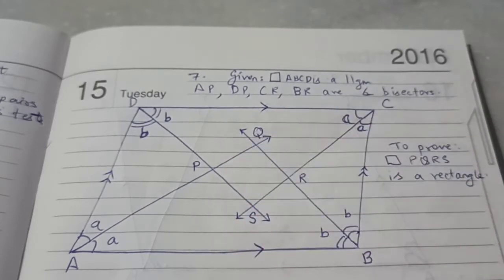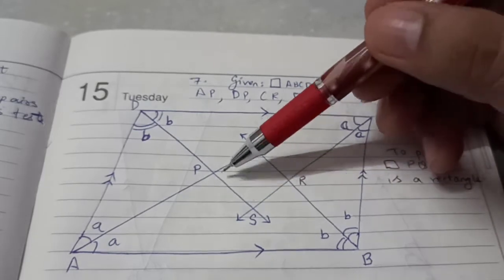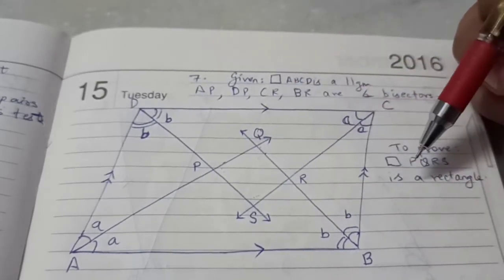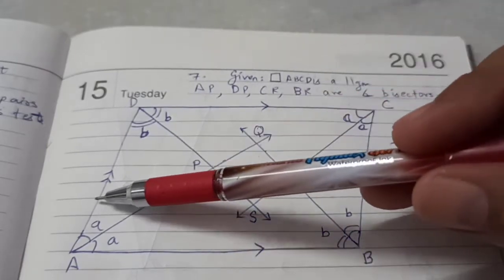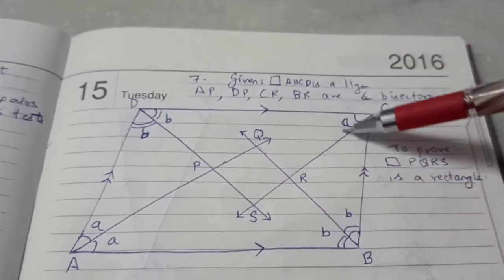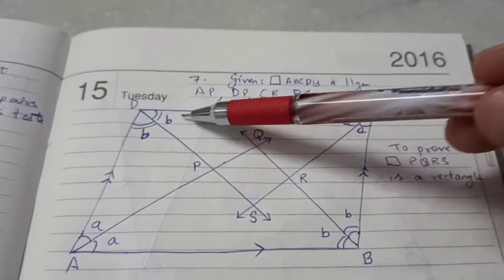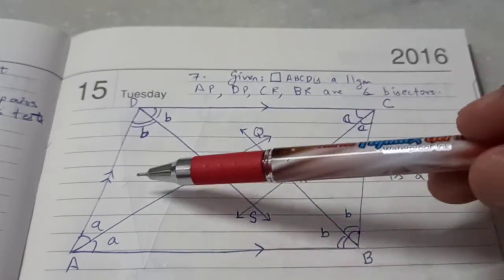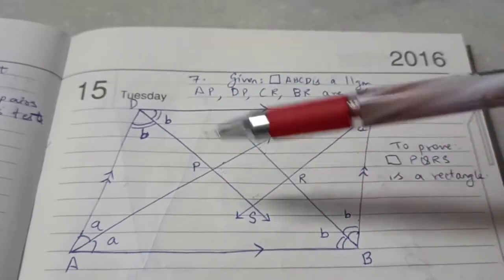That means we have to prove each angle to be 90 degrees. If I can prove at least 3 angles to be 90 degrees, then the sum is over. Then it is proved that it is a rectangle. So first of all, we know that opposite angles are equal. That is, angle A entirely is equal to angle C. Let's assume they are equal to 2A each, and these two angles are 2B and 2B. And since these are angle bisectors, so I can say this is A, and I can say this is B, angles.